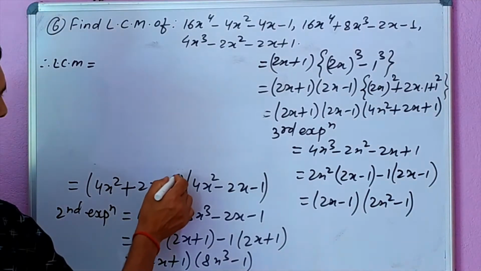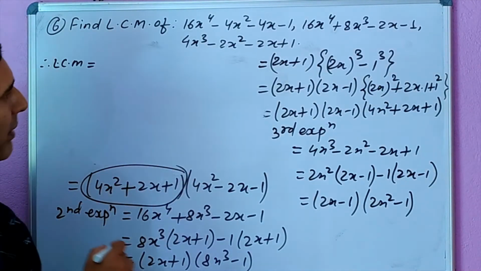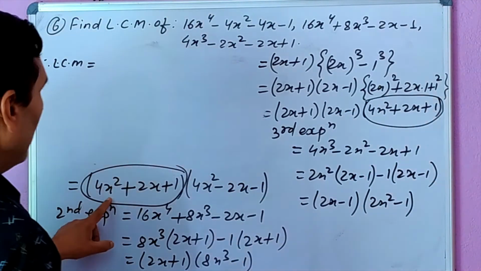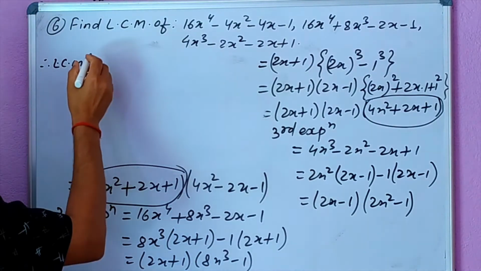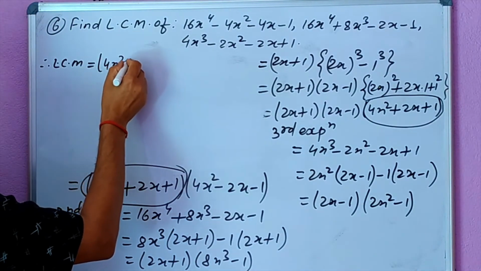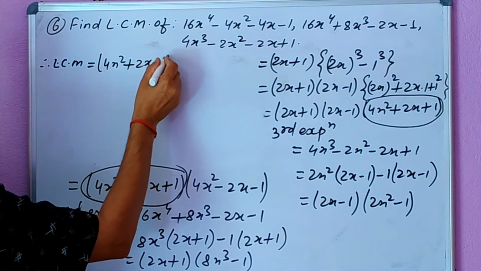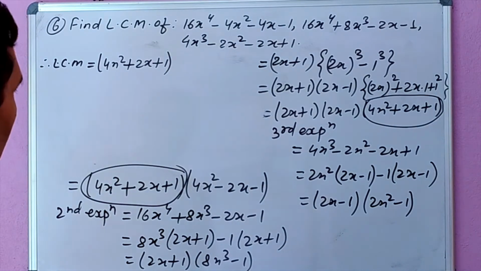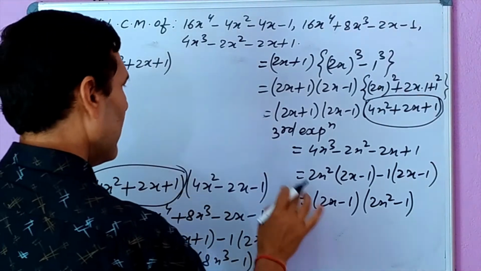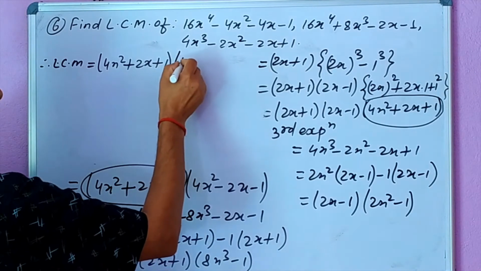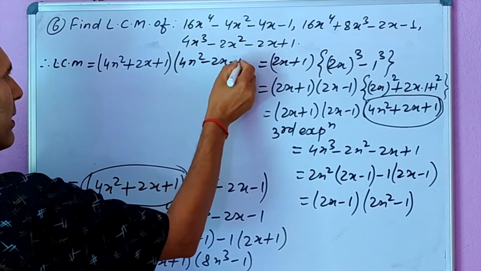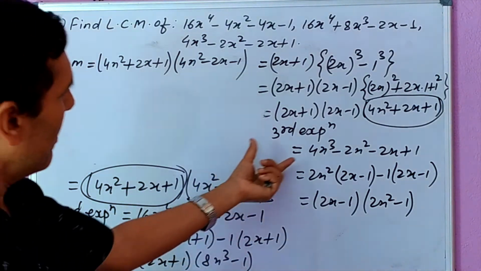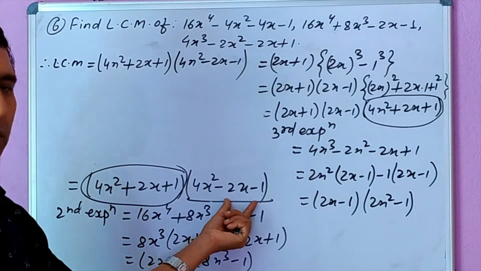And look here, 4x square plus 2x plus 1 is common in the first and second expressions. So we write 4x square plus 2x plus 1. This other factor, 4x square minus 2x minus 1, is not common. It is a single one, no other expression has this factor, so this is the remaining factor.